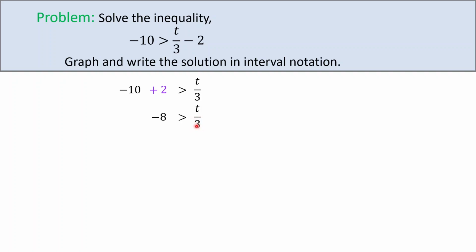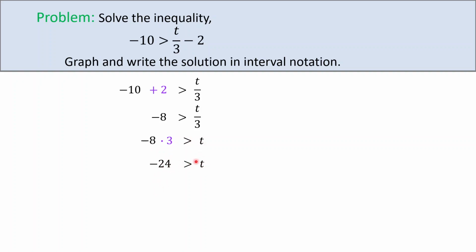To remove this, you need to multiply by 3 on both sides because this is dividing. So you need to multiply by 3 on both sides to remove this. You get negative 8 times 3 greater than t. Negative 8 times 3 is negative 24, greater than t.